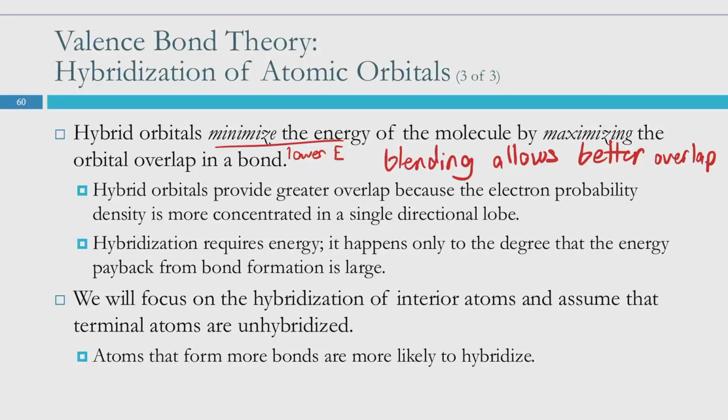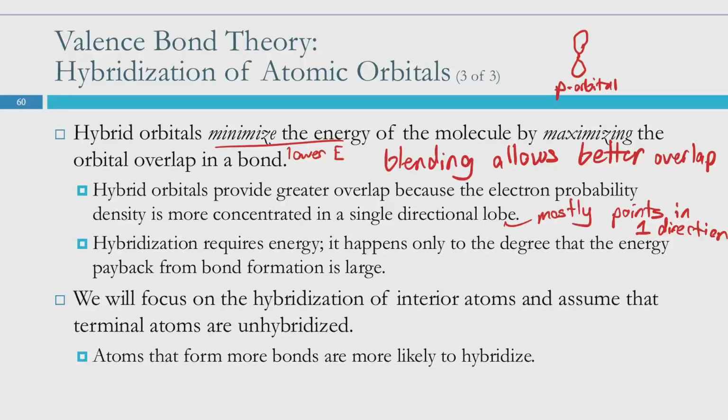So we'll have basically all of our electron density pointing out from the atom mostly in one direction, as opposed to if we have a nucleus and we've got a p orbital, it's evenly distributed so that we've got probability, in this case, up and down.